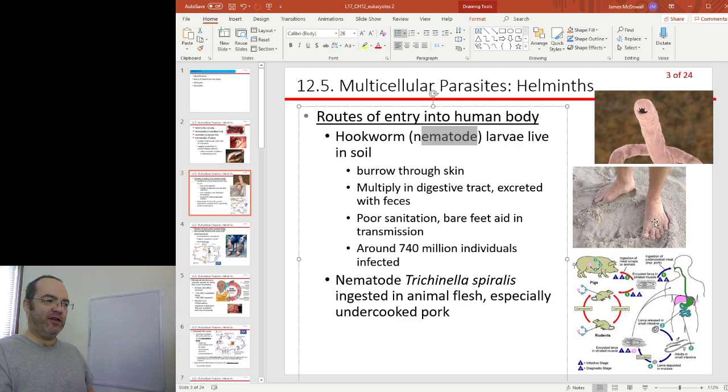The larvae wriggle through the sand, and then when the next person walks over contaminated sand, the larva will penetrate and burrow up through the skin. Once the hookworm larva is in your skin, it'll travel in the bloodstream. It will travel to the lungs.